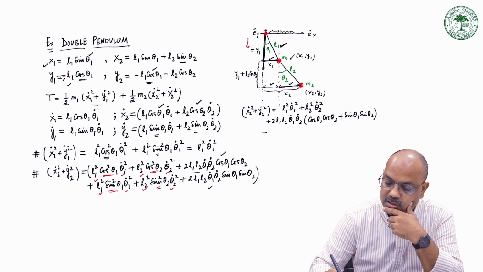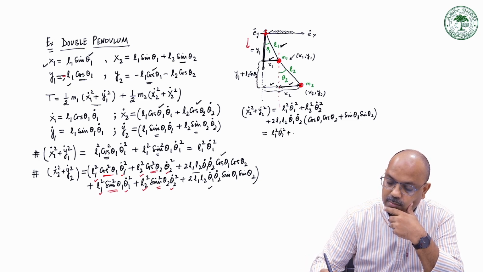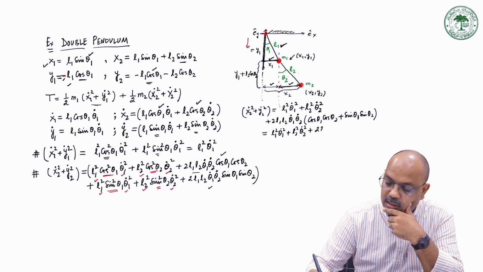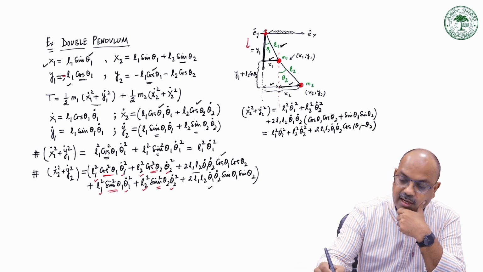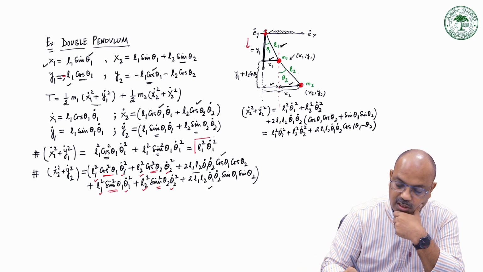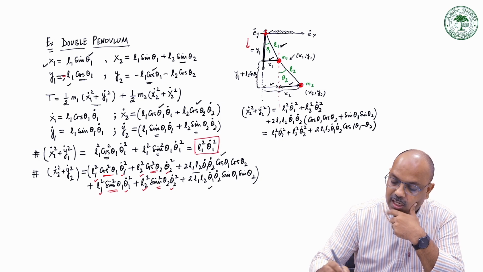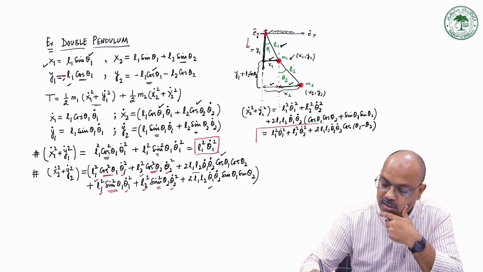So this x dot square is L1 square theta 1 dot square plus L2 square theta 2 dot square plus twice L1 L2 theta 1 dot theta 2 dot cos theta 1 minus theta 2. Okay, so now I have my x1 dot square plus y1 dot square as this one, and x2 dot square plus y2 dot square as this thing.